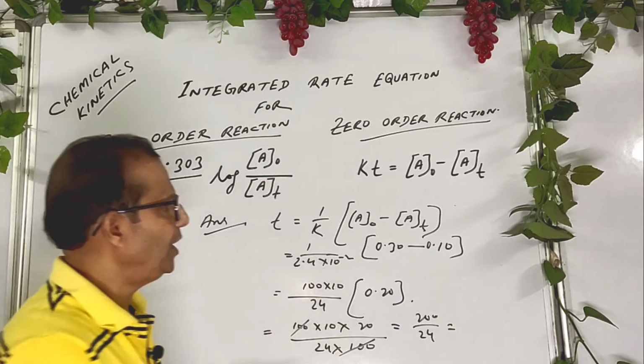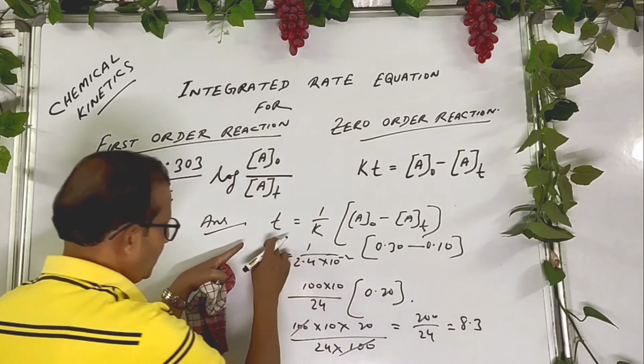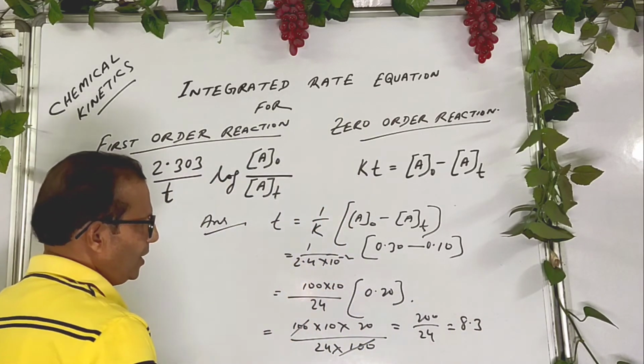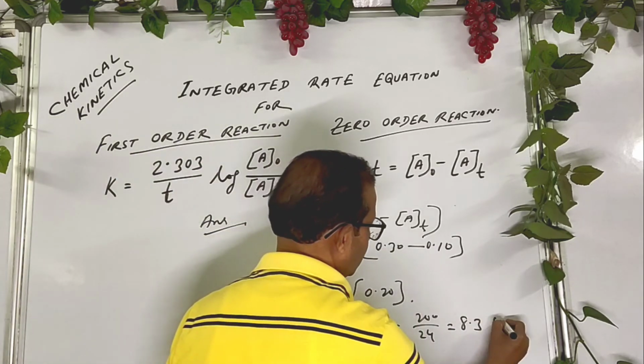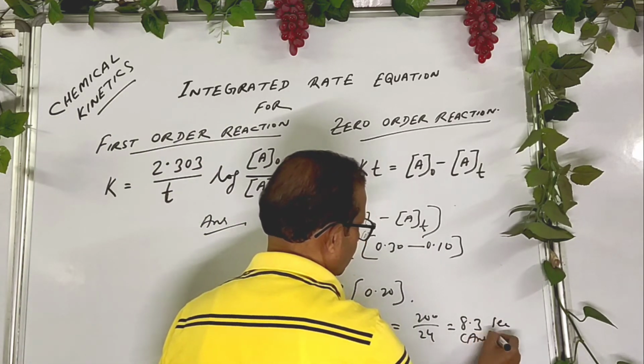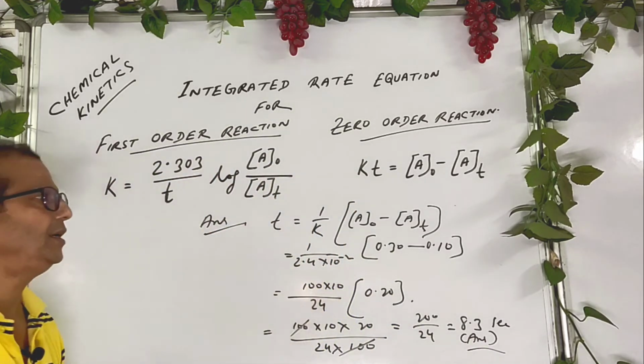So it is just 8 point something, 8.3. The time is asked to determine, and here the unit is second inverse, so it is in seconds. That's the answer. So you understand it, okay, I think you understand it.